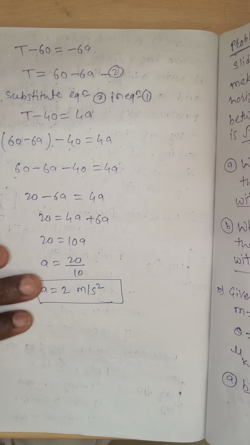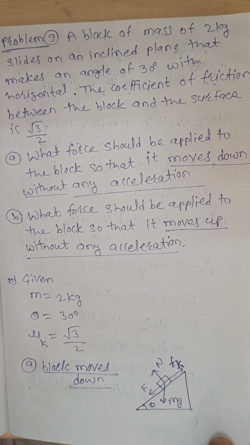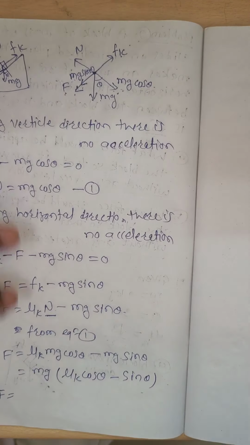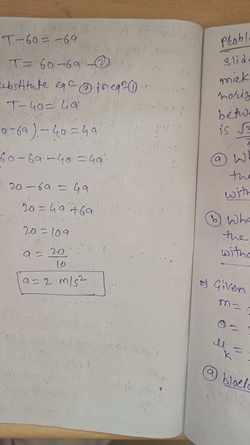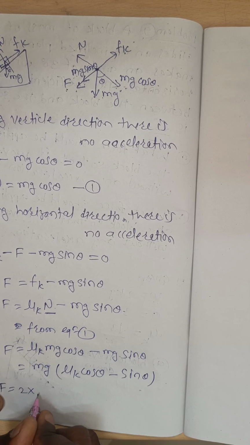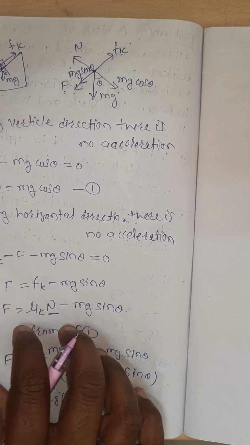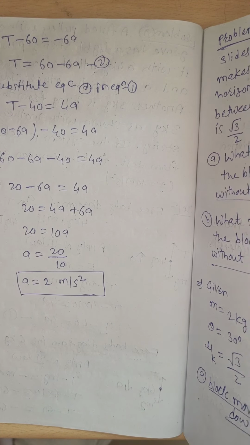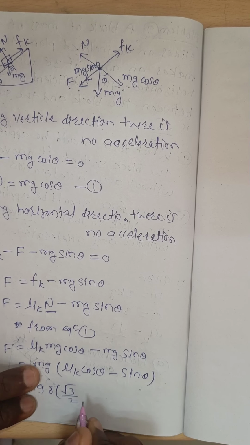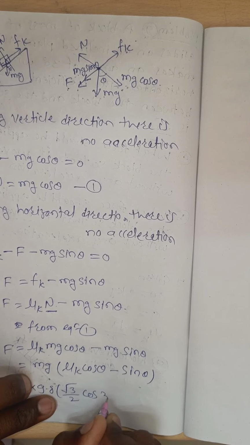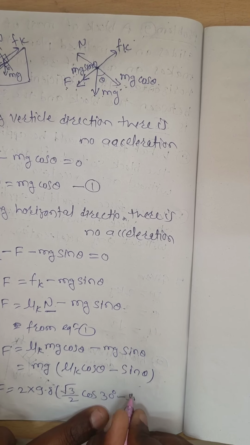What is the mass? The mass of the object is 2 kg. The acceleration due to gravity is 9.8, and the mu k value is root 3 by 2. Here we write cos 30 minus sin 30.